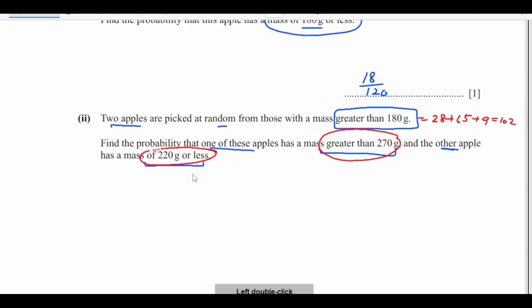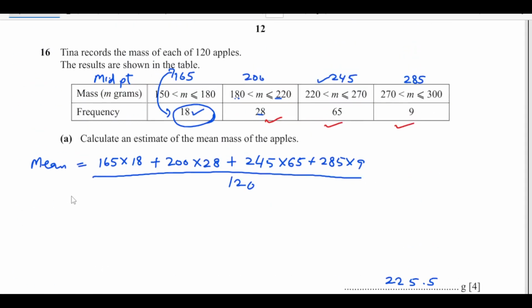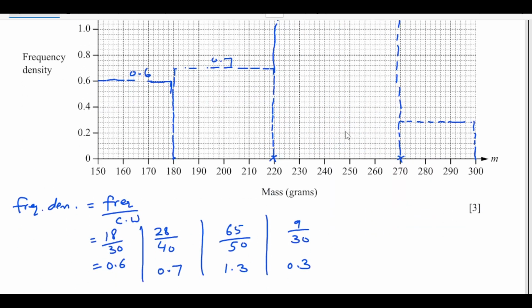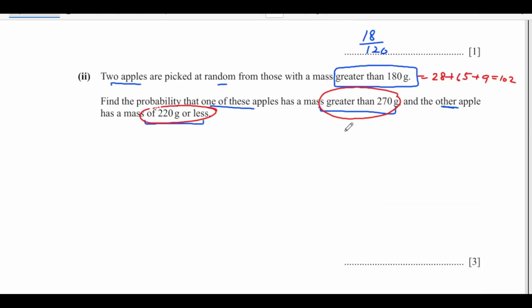So now the probability of these masses, first of all greater than 270 and less than 220. So now we have 9 out of 102.